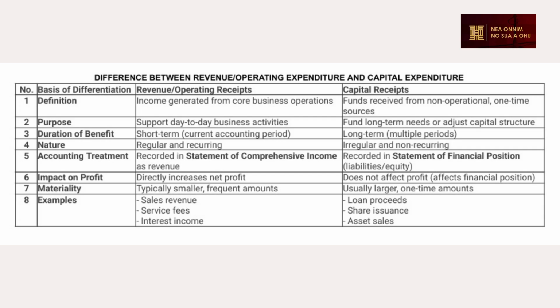And then in terms of the duration of benefits, just like its expenditure leg, revenue or operating receipts, typically the benefits thereof are intended for a single accounting period, all right? They are typically intended for the ascertainment of profits for the single accounting period.